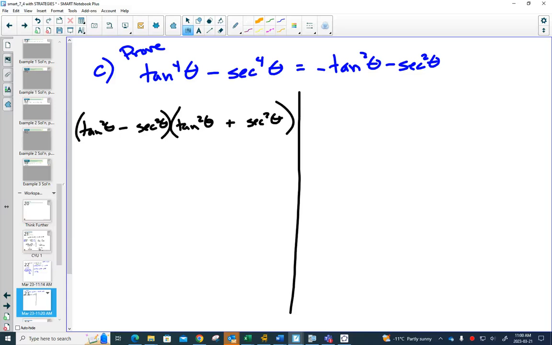The reason I'm not changing anything to sine and cos in this one is because I look at my formula sheet and I notice that there is the following: tan squared theta plus 1 equals secant squared theta. So I can do one mental math manipulation here and say that tan squared theta would equal secant squared theta minus 1.